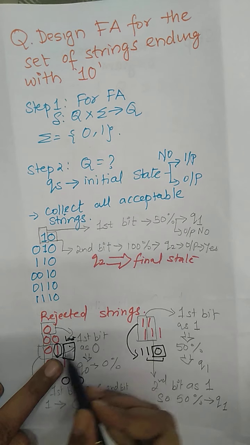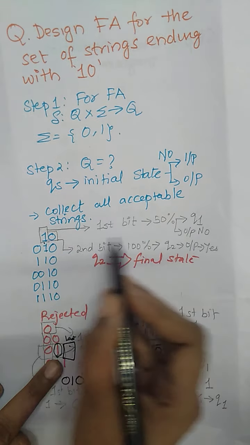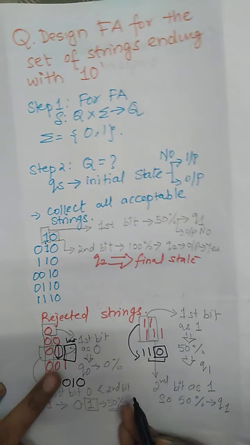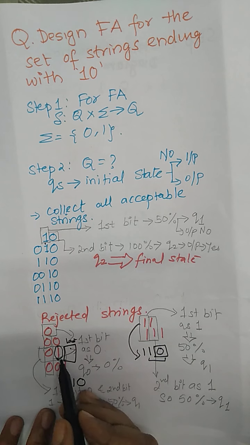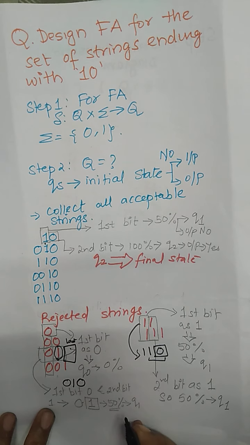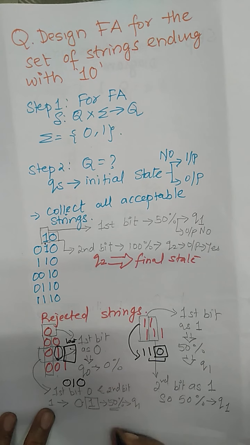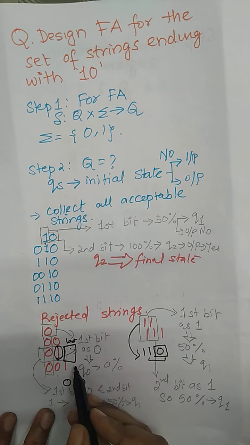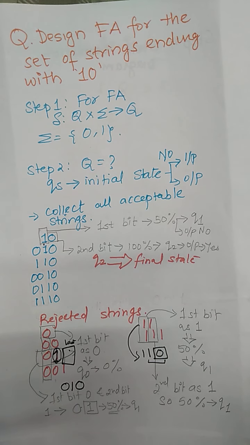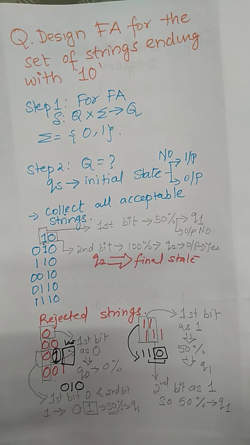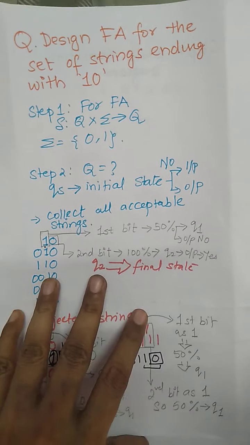If the second last bit is 1, it will jump to the Q1 state. So we have considered that here itself. If the first bit is 0 and the last bit is 1, that is 50% of the rejection, because if the next bit comes, either 0 or 1, this bit will be treated as the second last bit, which is our 50% of the requirement, so it will jump to the Q1 state.